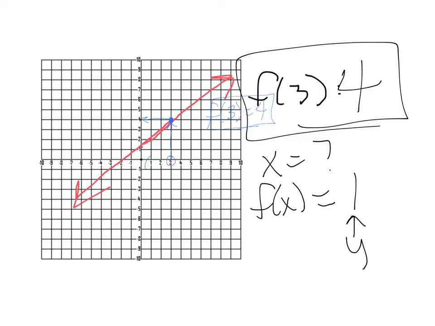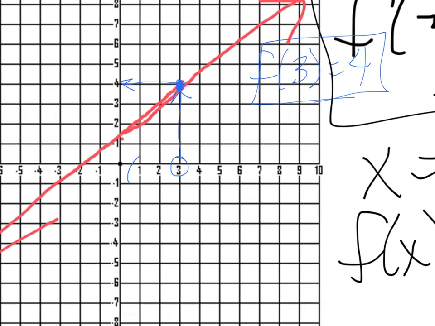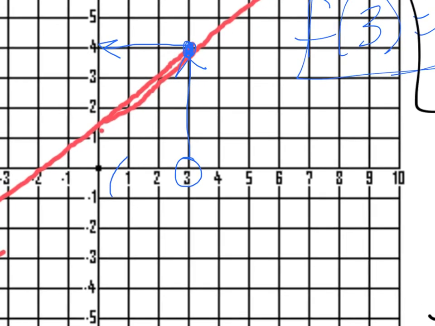So let's see if we can hone that in here one more time. When y is equal to 1, my graph is off just a tad there. I'm going through this value. So when y is equal to 1, what is x? 0. 0. That's the goal here with this.